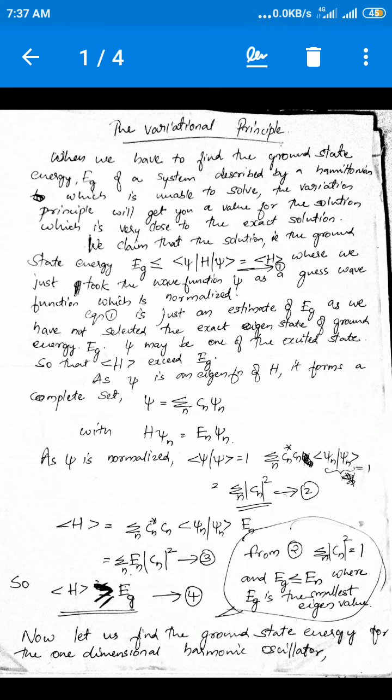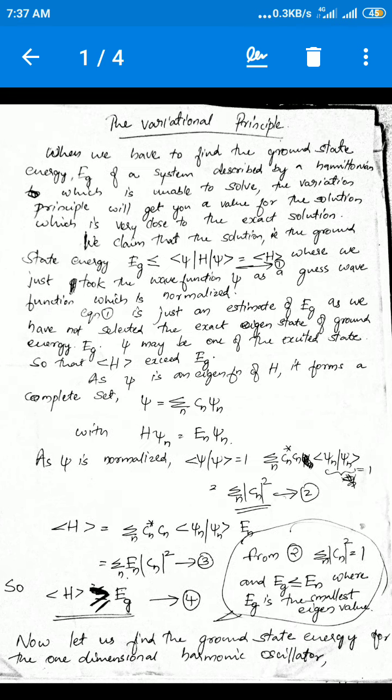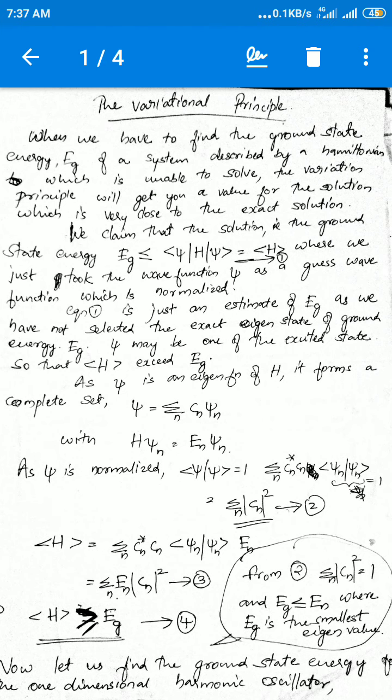We don't know what the eigenfunction is. So we just take a wave function and say that it is the eigenfunction of the system. We are just taking a trial, and this wave function should be normalized. So equation 1, the expectation value of H, is just an estimate of Eg, as we have not selected the exact eigenstate of the ground state energy Eg.